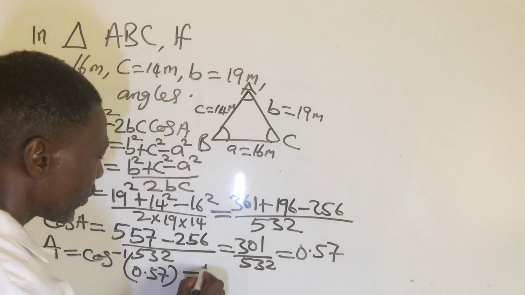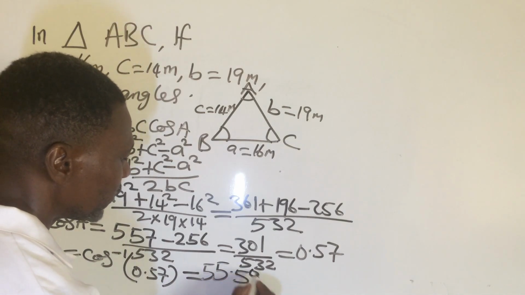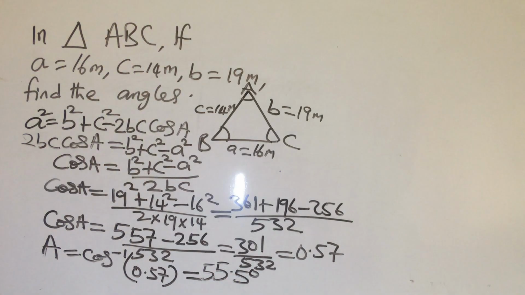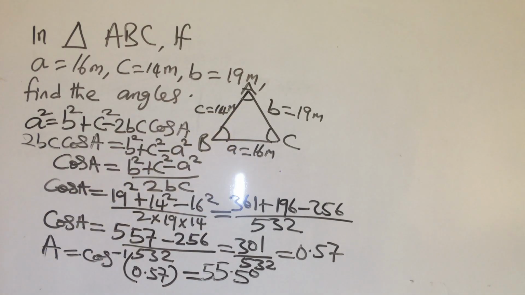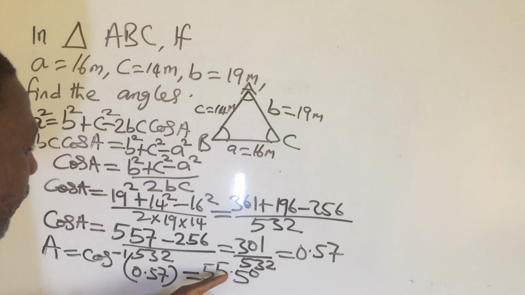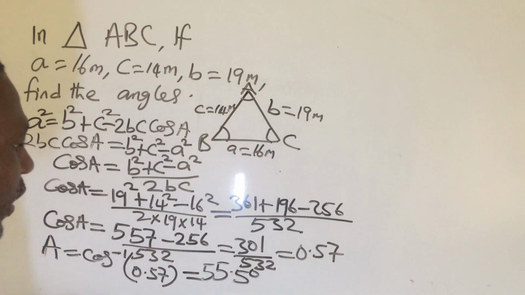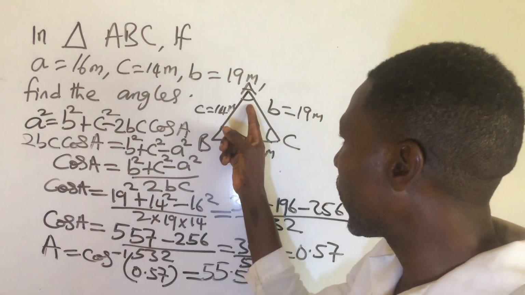Now it gives us 55.5 degrees, which is the angle A. 55.5 degrees is angle A, the angle that's supposed to be here. Okay, now I have finished solving for this angle.